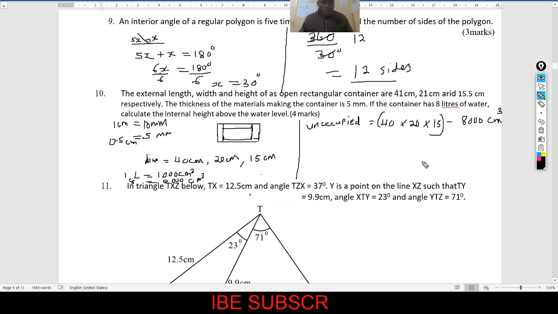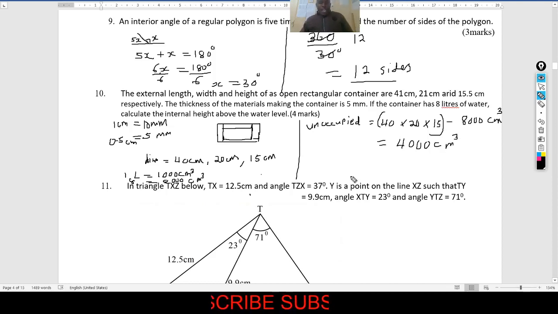That gives you 12,000 minus 8,000, which is 4,000 centimeters cubed. That is unoccupied.